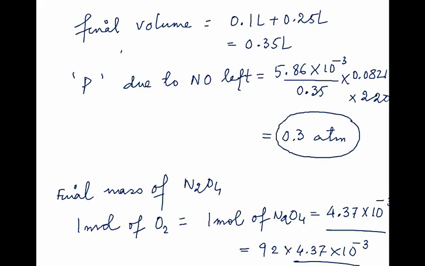We are multiplying it by 92 because 92 is the molecular weight of N2O4. So this gives you a value of 0.402 grams. Hence the mass of N2O4 that has been formed is equal to 0.402 gram.